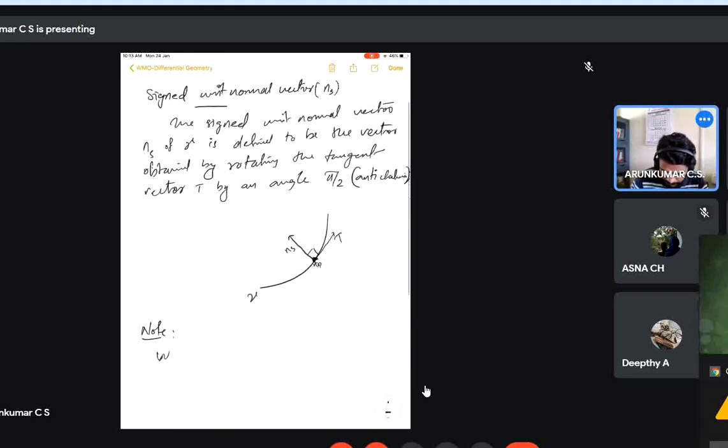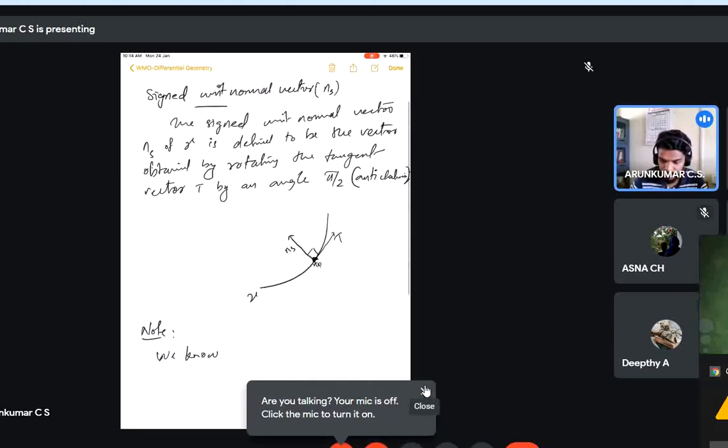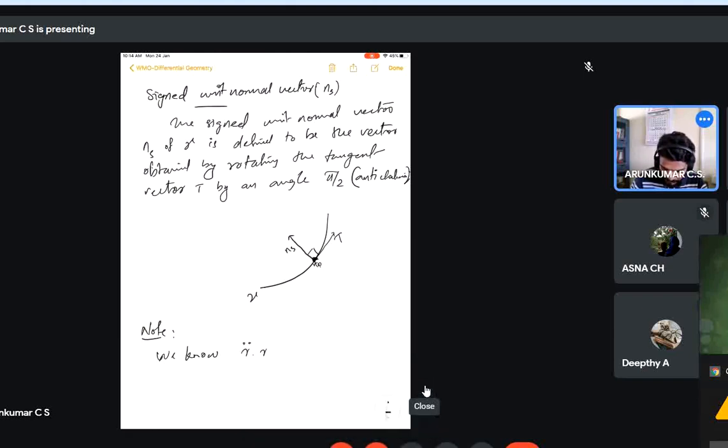So we know acceleration is orthogonal to the velocity. So the dot product of gamma double dot and gamma dot is 0. What is my T here? T is actually gamma dot, at this point gamma dot of s, the tangent vector.